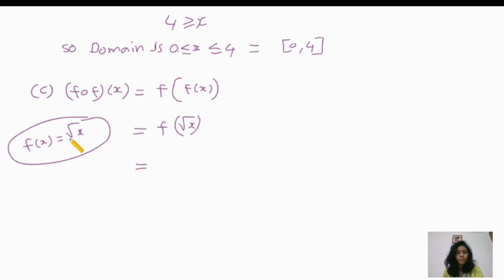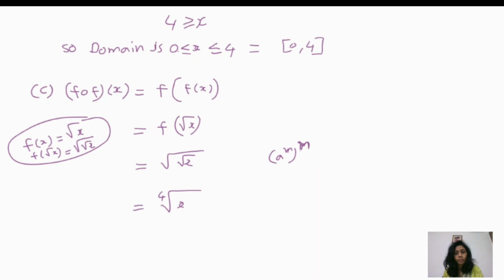Now f(x) is square root x, so f of square root x is square root of square root x, right? So can we write it as 1/4 power, because half power and here half power. So 1/2 to the power 1/2.